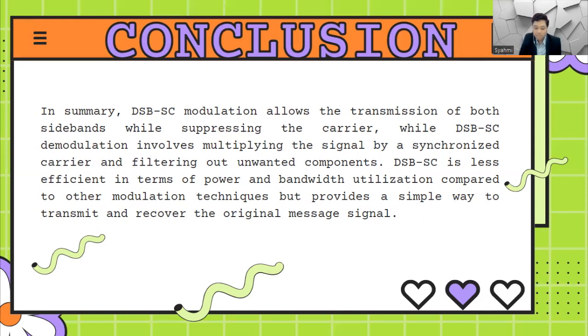In many communication applications, comparing DSB-SC and SSB, SSB is highly preferred because it has higher power concentration that makes it more bandwidth efficient and suitable for many communication applications.